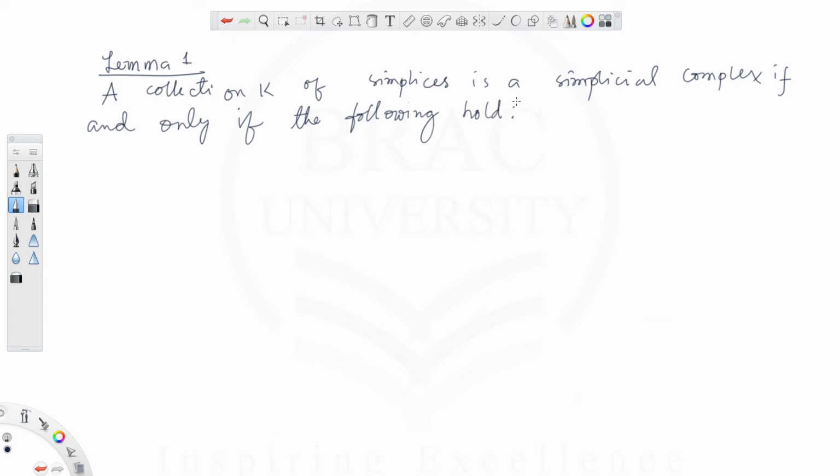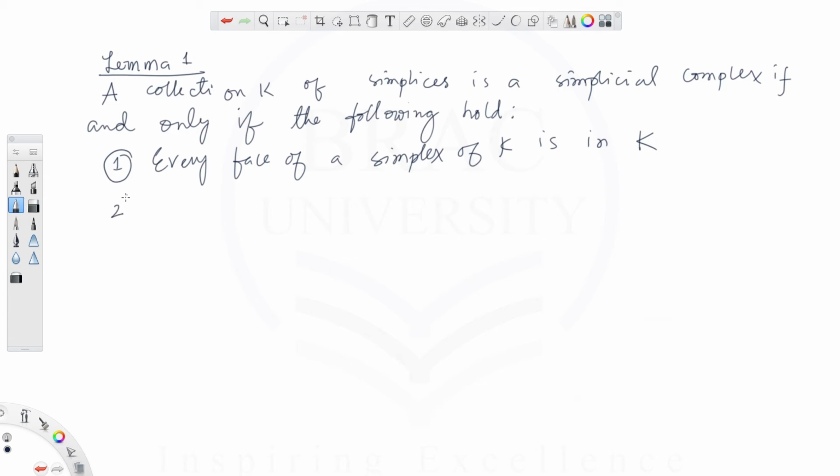A nice result to check if a union of simplices actually forms a simplicial complex or not. 1. Every face of a simplex of K is in K. This is exactly the same as we had in the definition of simplicial complex.